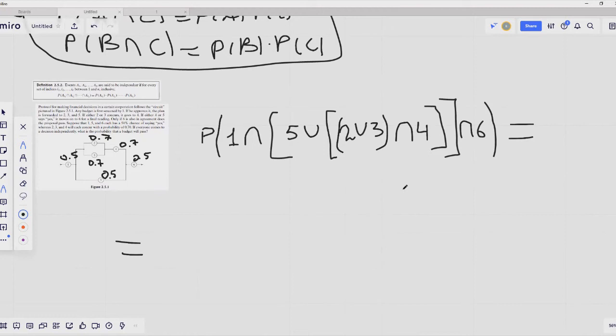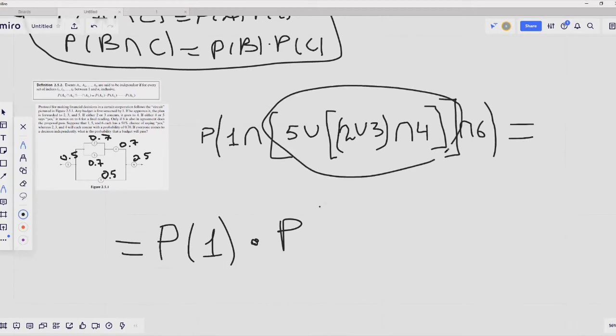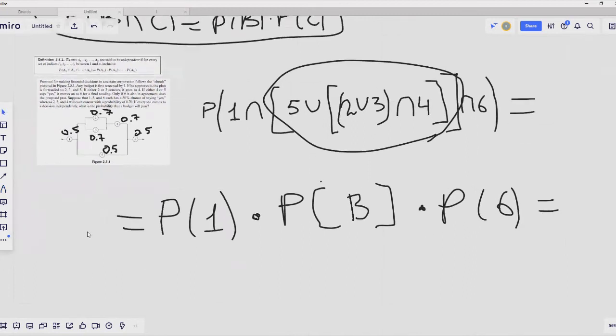That is, we can express the probability of the following intersection as the probability that number 1 will approve, multiplied by the probability of that event here, so let's just call it event B for now, multiplied by the probability of number 6.